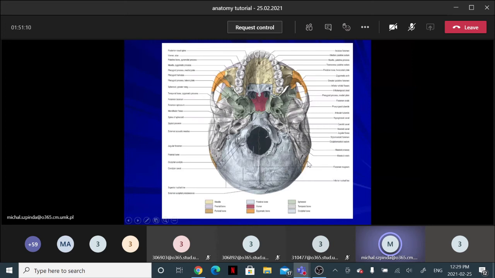Because you should know that between the lateral part of the occipital bone and the posterior border of the temporal pyramid is a big foramen. It's invisible here because the lateral part of the occipital bone overlaps the petrous part.